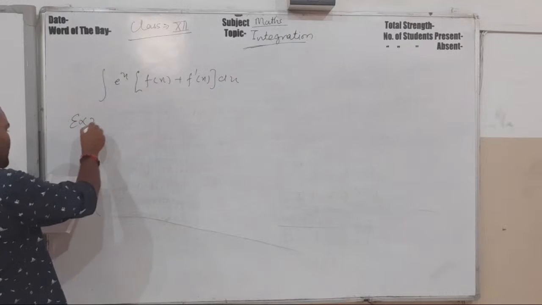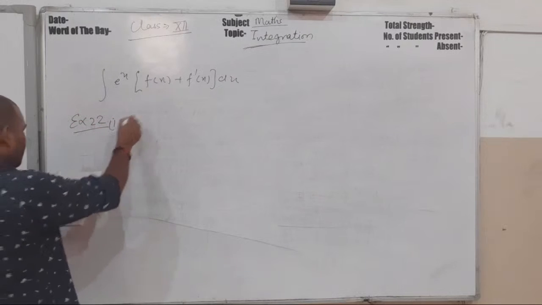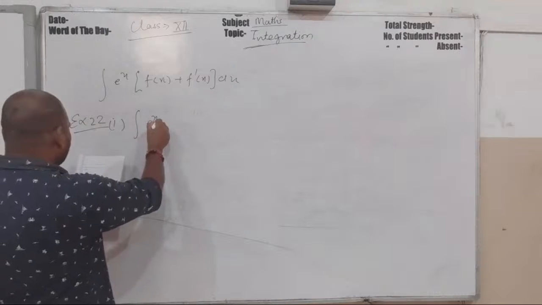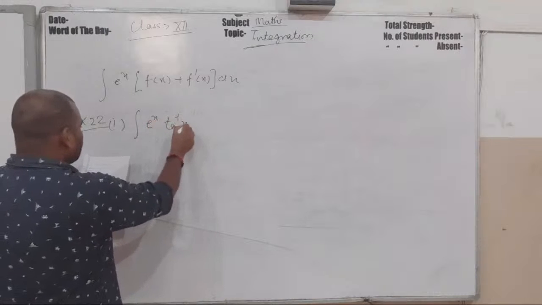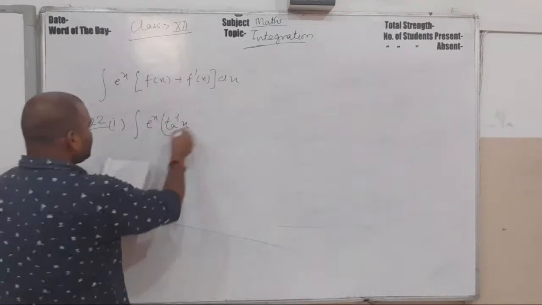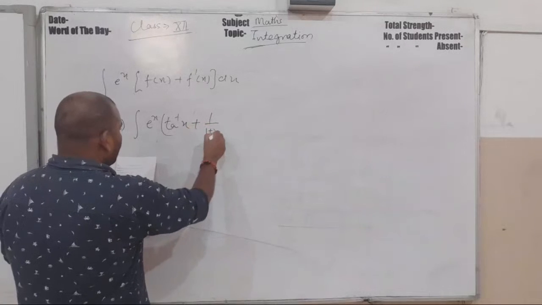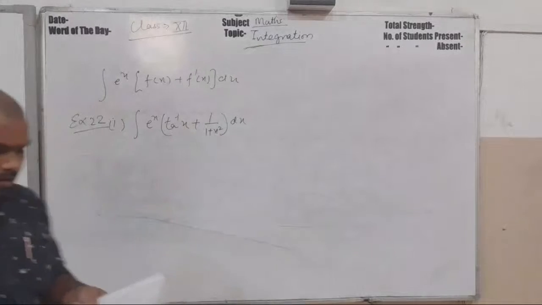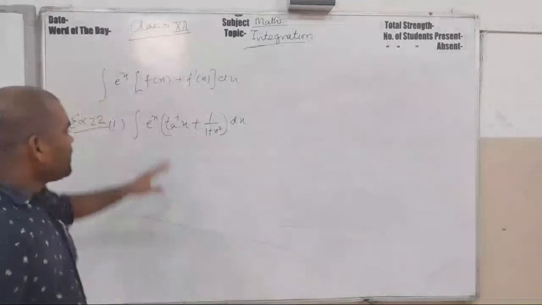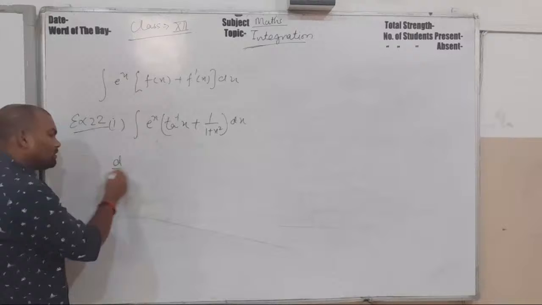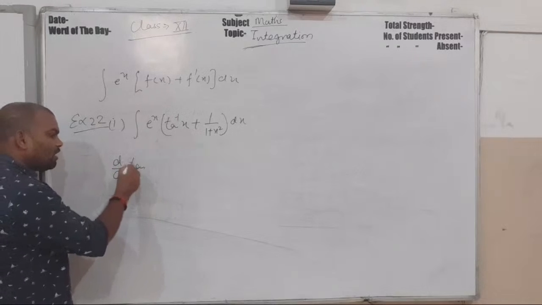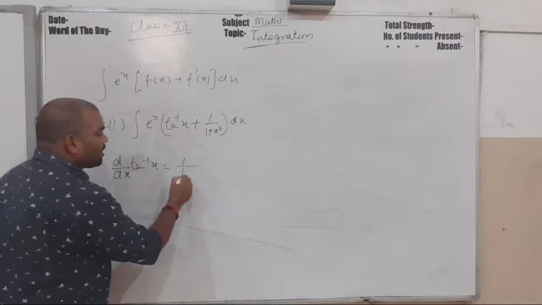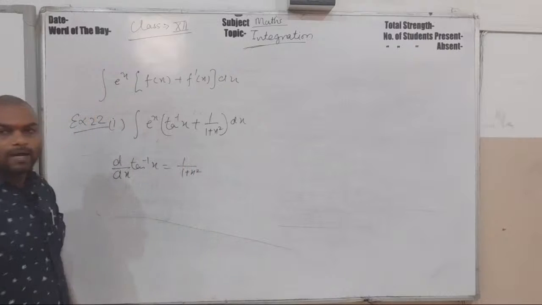Example number 22. The first part is given as e to the power x into tan inverse x plus 1 by 1 plus x square, dx. Okay. Now if you remember, we have learned that differentiation of tan inverse x is 1 upon 1 plus x square.